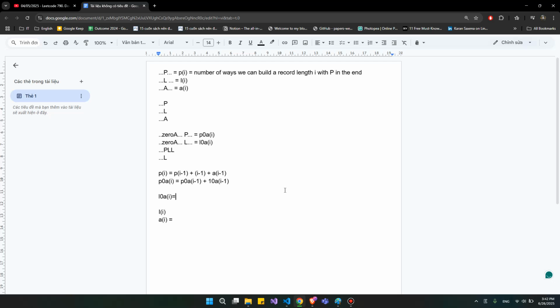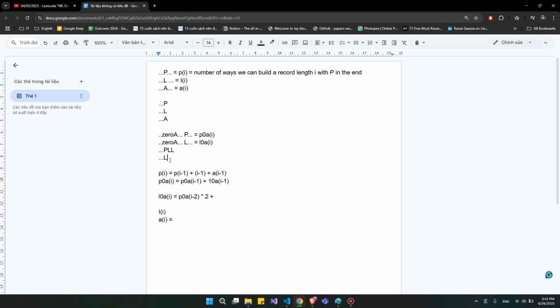So we will minus P zero A I minus four multiplied by two.